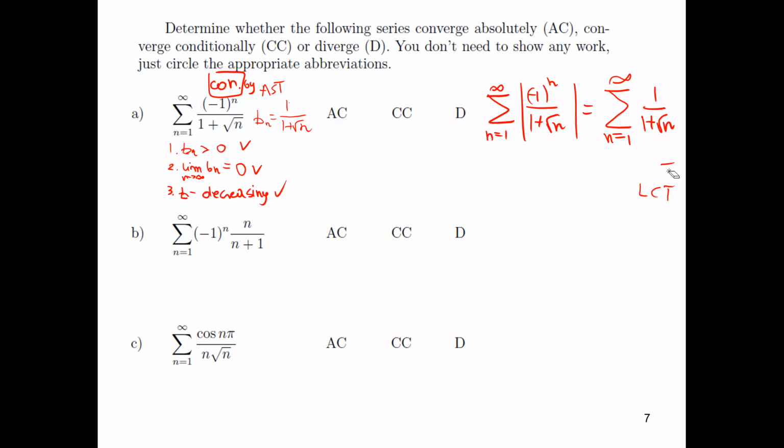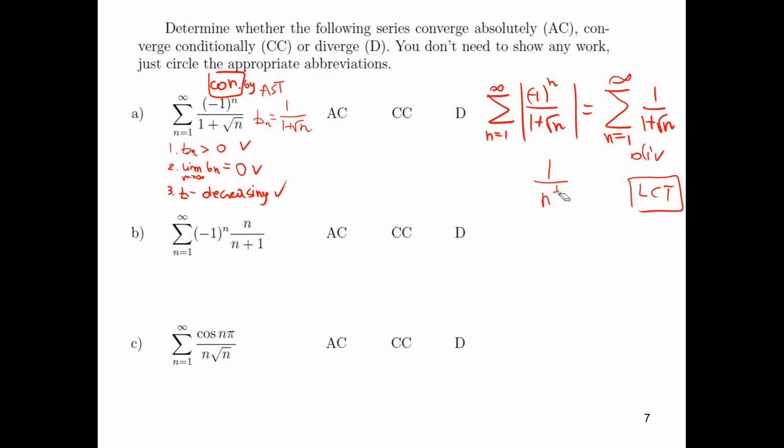Okay, direct is not working. Okay, the limit. But we can see right away n to the power of 1/2. By the p-series test, this will be divergent. That means using the limit comparison, we're really getting divergence.